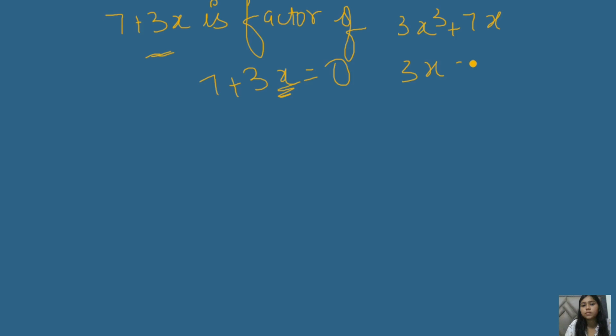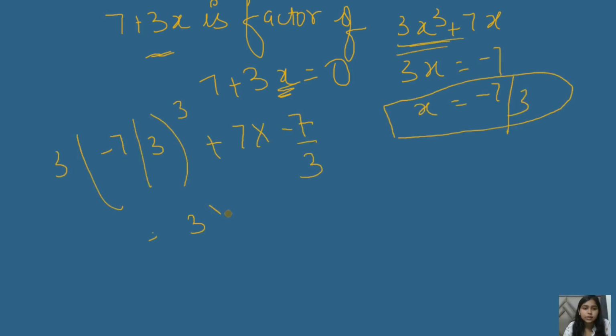Now let's put the value of x in this particular dividend. So we'll get 3 multiplied by minus 7 by 3 whole cube plus 7 into minus 7 by 3. So what we'll get here is 3, 7 multiplied by 7 is 49, multiplied by 7 is 343. You just have to know the cubes and all.